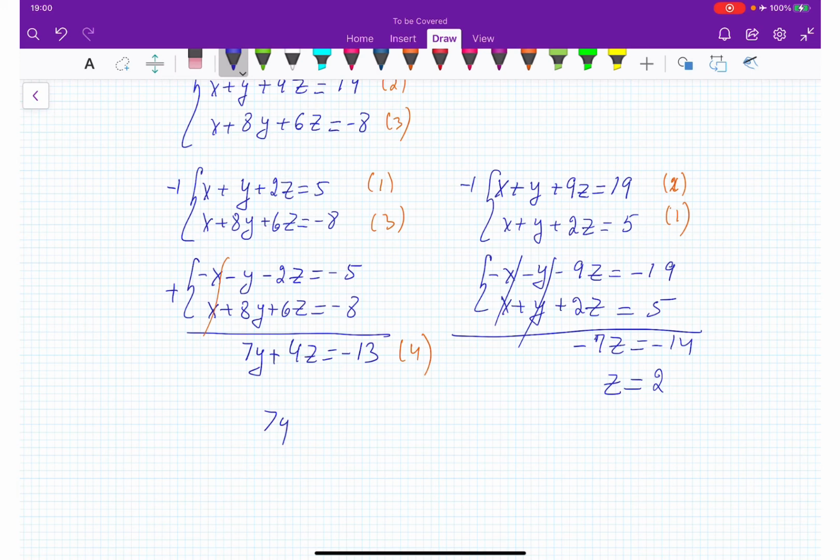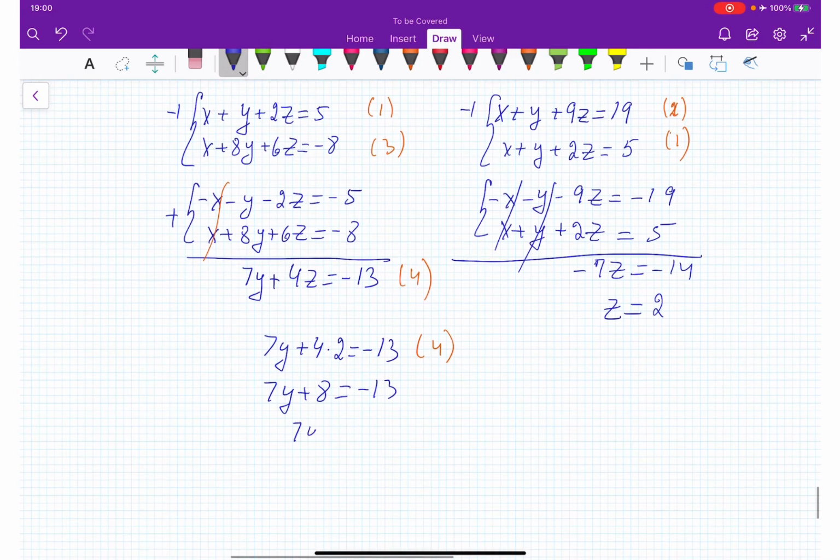So 7y plus 4 times 2 is equal to negative 13. And I get 7y plus 8 is equal to negative 13. 7y is equal to negative 13 minus 8, which is negative 21, and y is equal to negative 3.